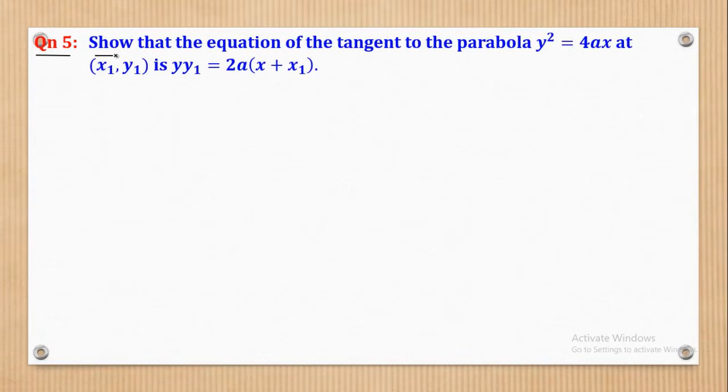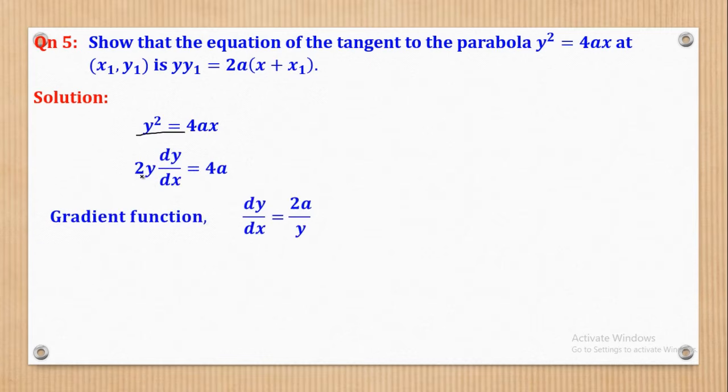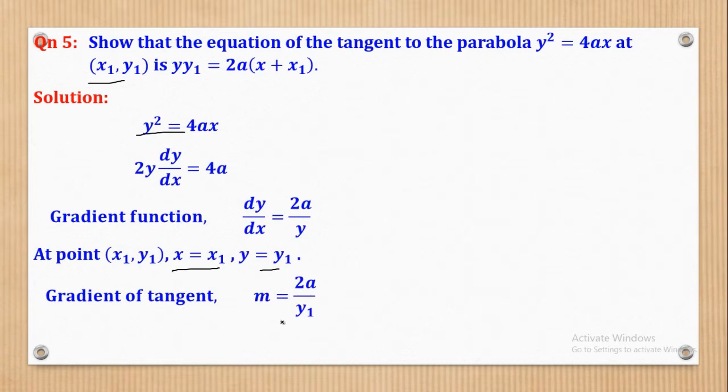Then question 5 says, show that the equation of the tangent to the parabola this at this point is that. So this is a parabola, differentiate both sides, get the gradient function, and then at this point substitute for x and y. So y is that, so substitute for y to come up with this.